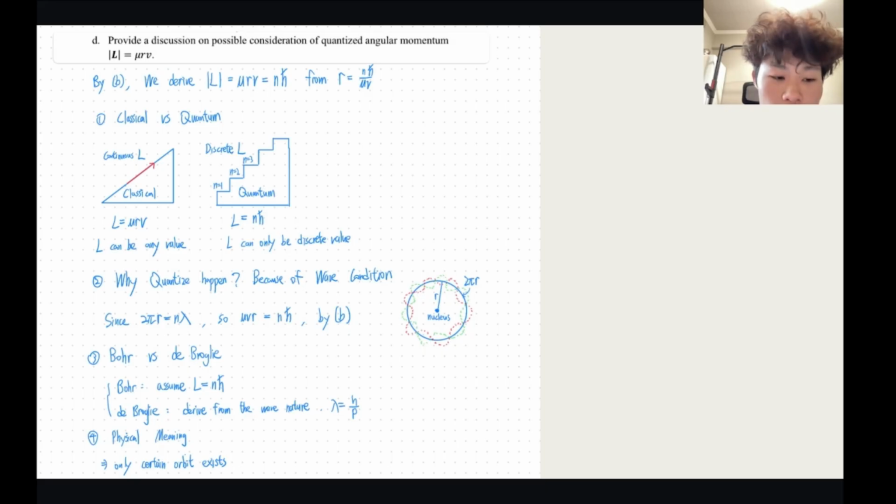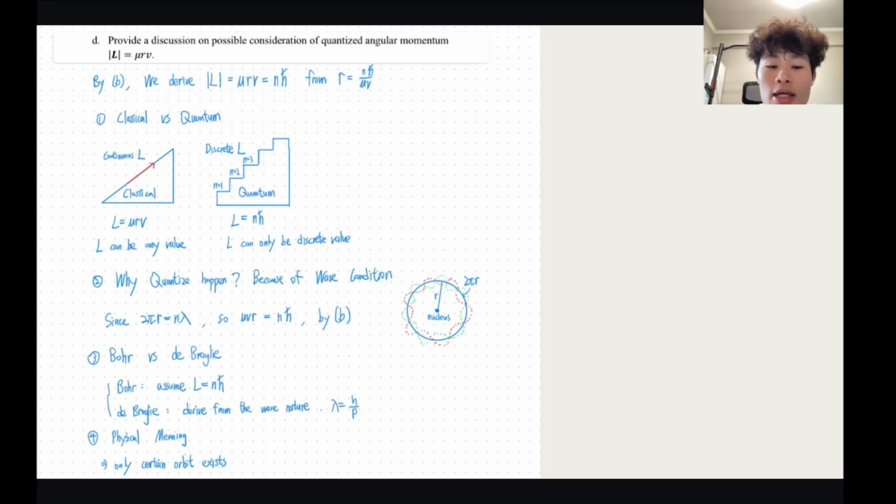And the third discussion is we want to do a small discussion about Bohr and de Broglie. These scientists contributed a lot in the discovery of the matter wave. And Bohr assumes that L equals n h bar.